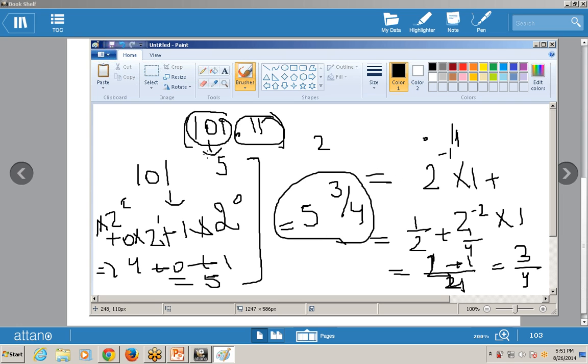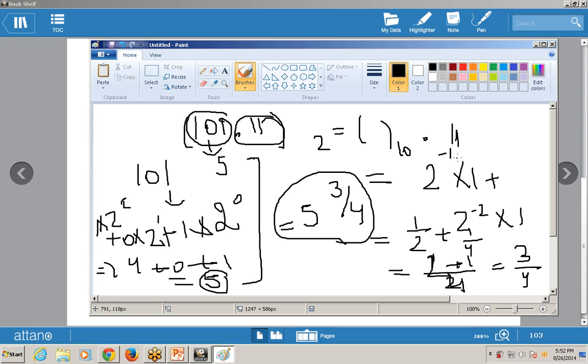I'm repeating again. My question is that I have to convert this fractional binary number into a decimal number. So first of all, take the integer value, that is 101. Use the same concept, 2 power 0 into 1, 2 power 1 into 0, 2 power 2 into 1, and the output is 5. Now use the fractional part. Instead of 2 power 0, I am using 2 power minus 1, going from left to right.